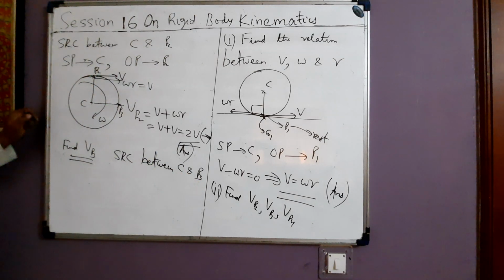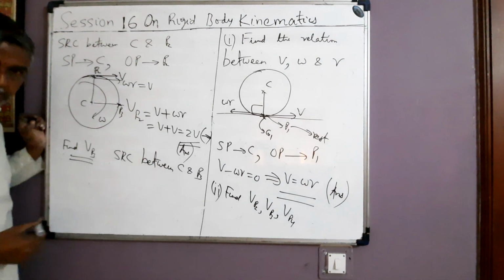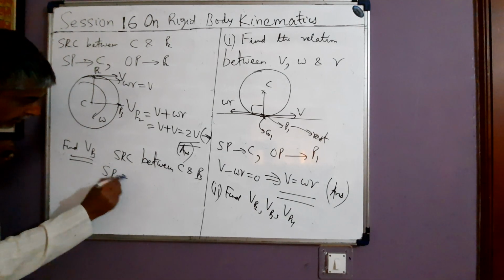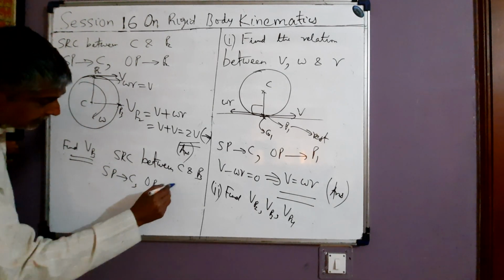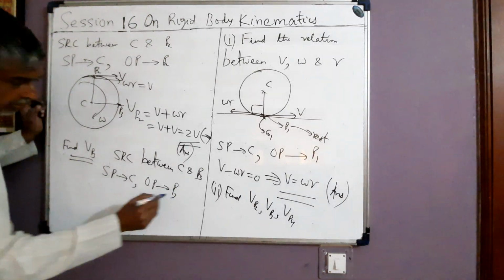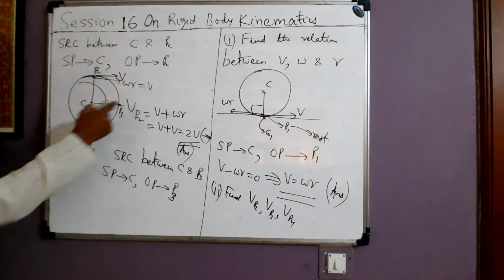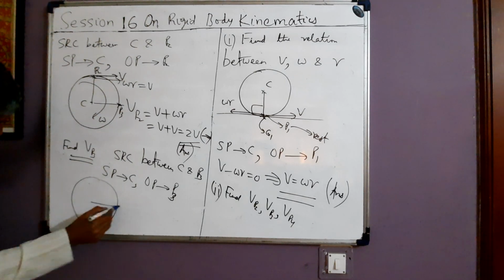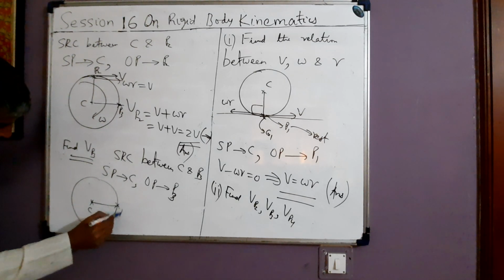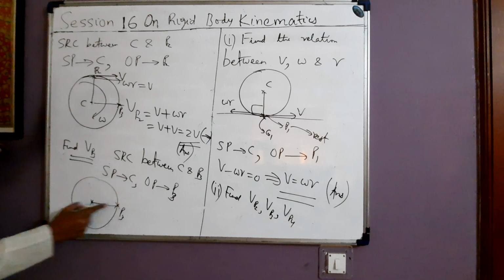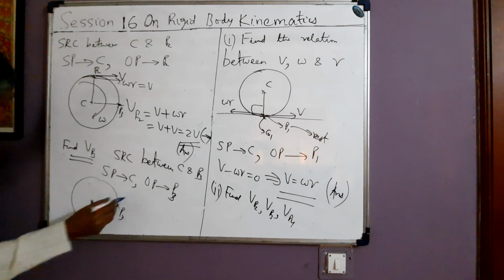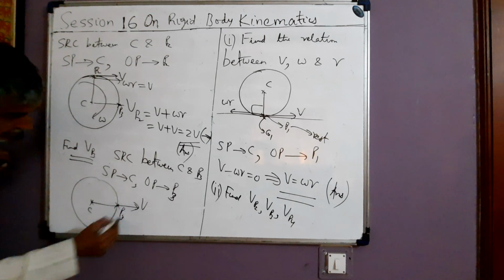So the selected point becomes C, the other point becomes P3. We draw the line joining the selected point and other point, that is CP3. I draw the complete drum itself. This is C, this is P3. Now give the velocity of the selected point to the other point. Velocity of C is V rightward, so P3 also I give V rightward.